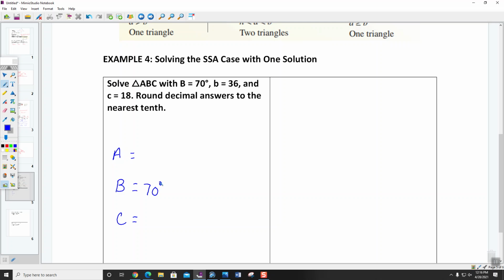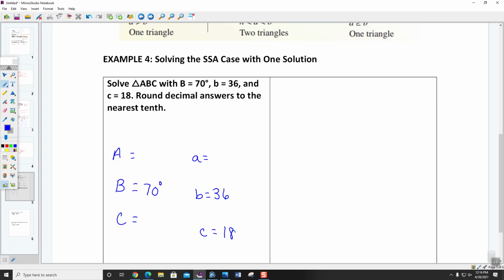B is going to stay the same. Now, here's the situation that we start looking at. What sides do we happen to know here? B and C. B is what length? 36. And C is 18.